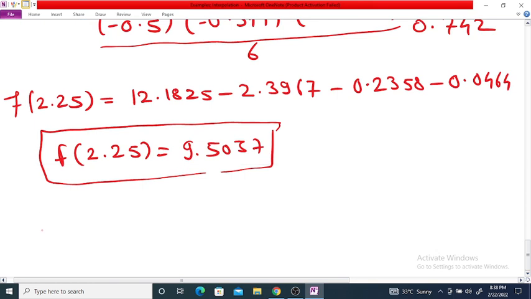Now example number 3. Find the missing term from the following data.